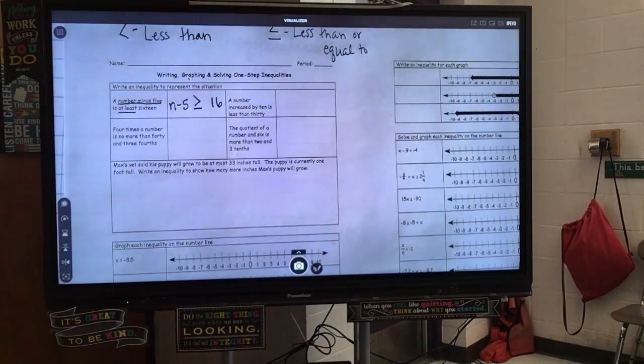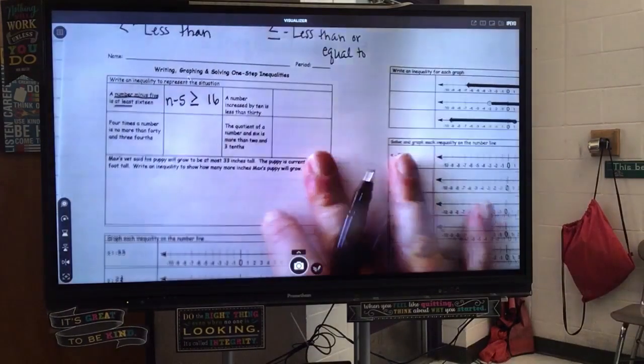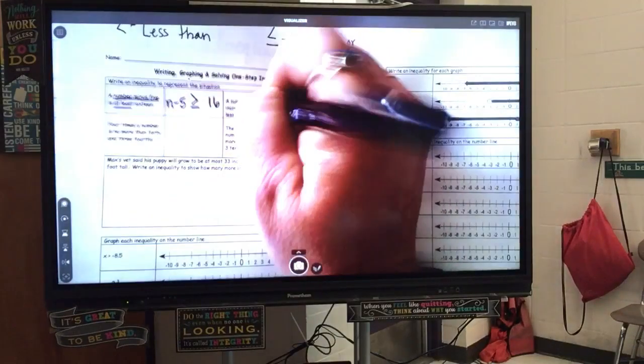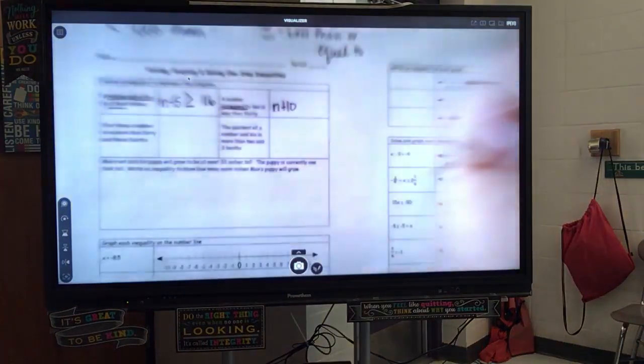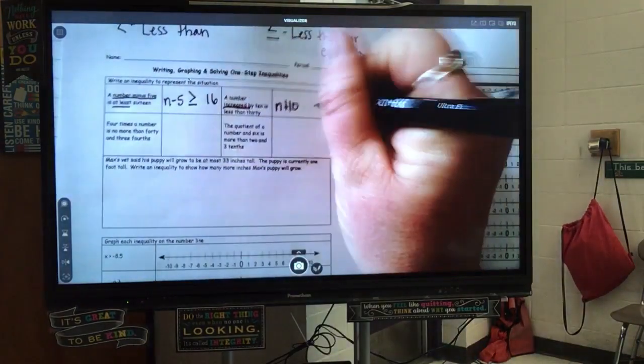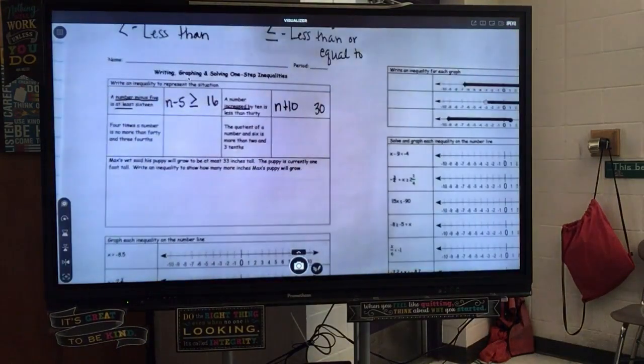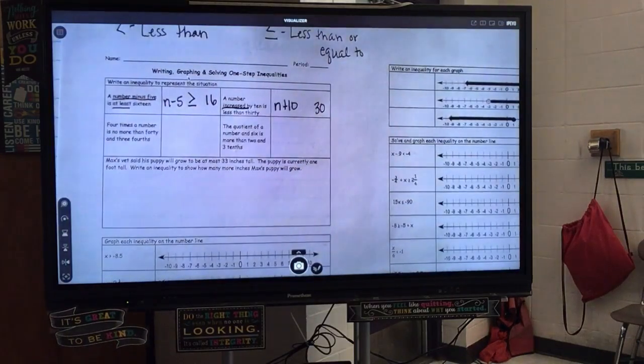All right, the next one. A number increased by 10 is less than 30. So n plus 10 is less than 30. All right, so again, we'll do the same thing. Stand up if you think this is greater than. Stand up if you think this is less than.